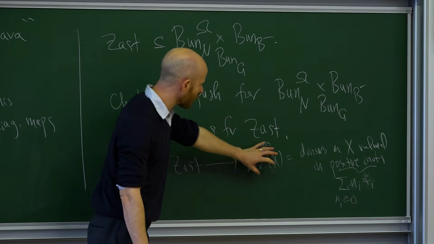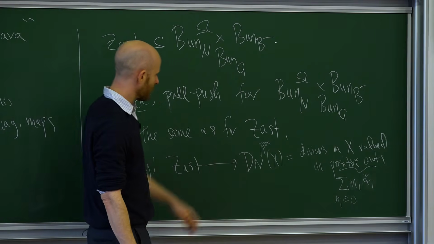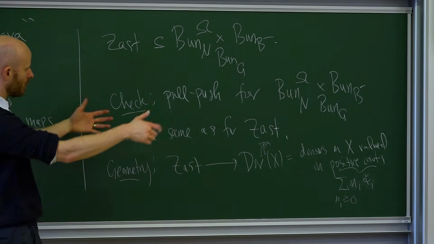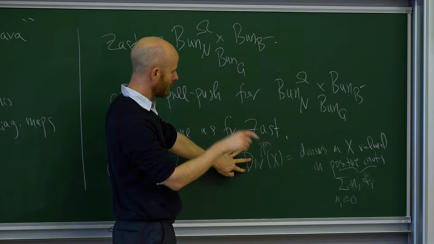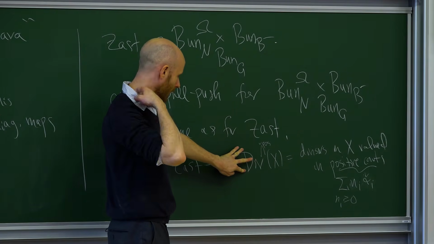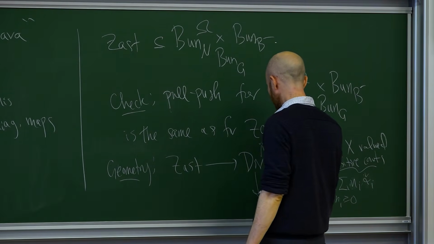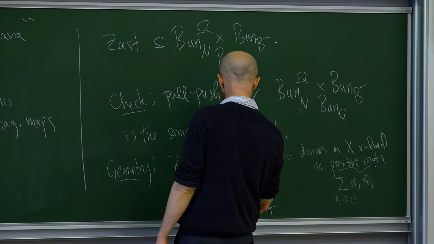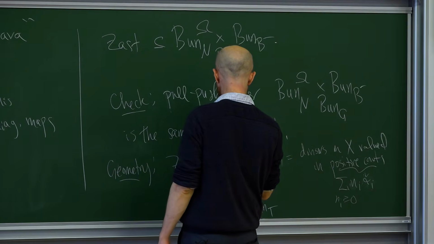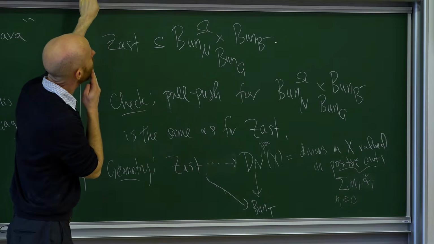So in other words, this is just a product over the nodes in the Dynkin diagram of symmetric powers of the curve. It's a disjoint union of products of symmetric powers with the indices labeled by nodes of the Dynkin diagram. And then this is mapping down to Bun T, and the statement is that, nope, other way. The statement is that the Zastava space actually maps to this space of divisors.